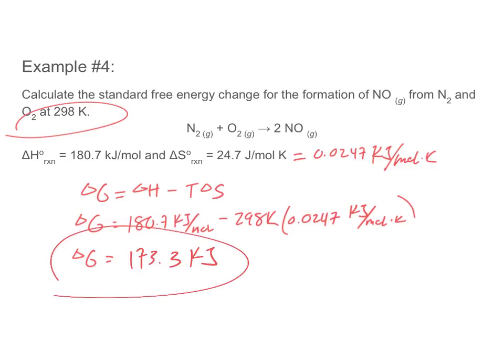Now, going back to our chart, if delta G is positive, will this reaction occur at that temperature? If we calculate that delta G is positive, will the reaction occur? Absolutely not. No, because it's nowhere near 7,000 K.